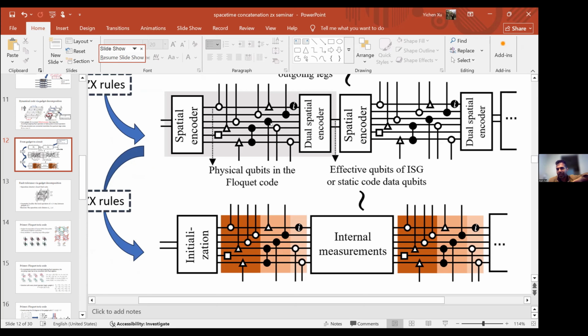If the stabilizers remain as local as your initial set of stabilizers, then the code distance doesn't change for these instantaneous stabilizer groups that you encounter. If the stabilizers evolve into non-local stabilizers, then the logicals change in their spread, and so the code distance can change. So thinking in terms of the instantaneous stabilizer groups is another way to think about it.